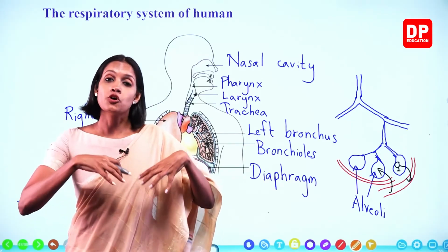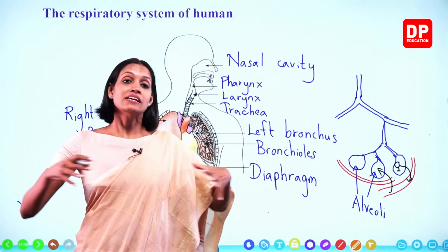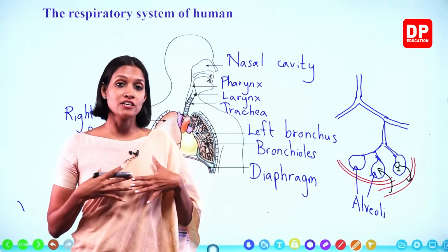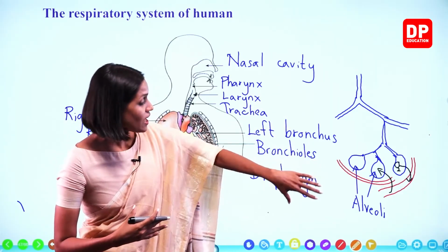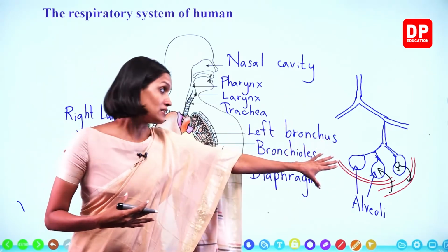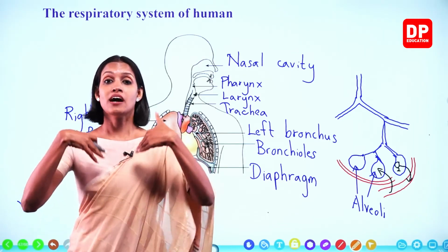Then that oxygen is given to the blood vessels. Carbon dioxide gas collected by all the other cells is taken to the lungs by blood. So blood takes oxygen and blood gives the carbon dioxide to the lungs, here the alveoli, the air sacs. Then what happens when you breathe out?